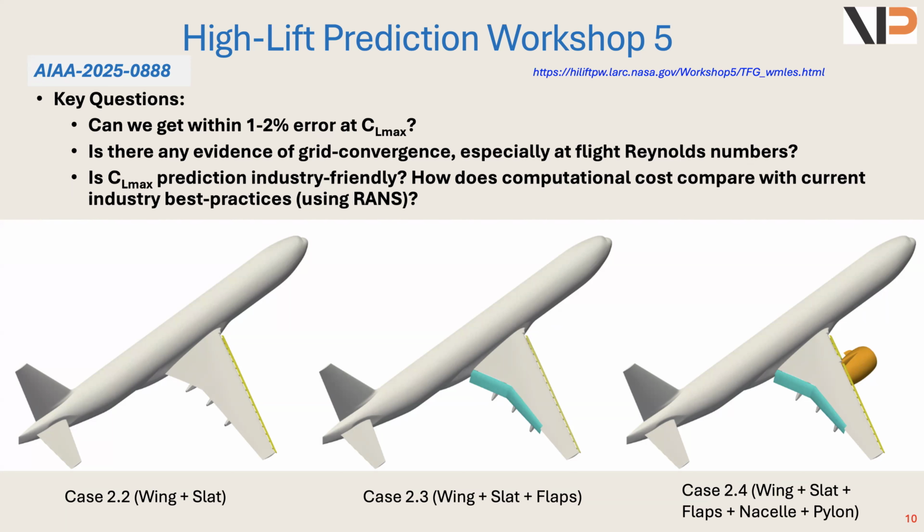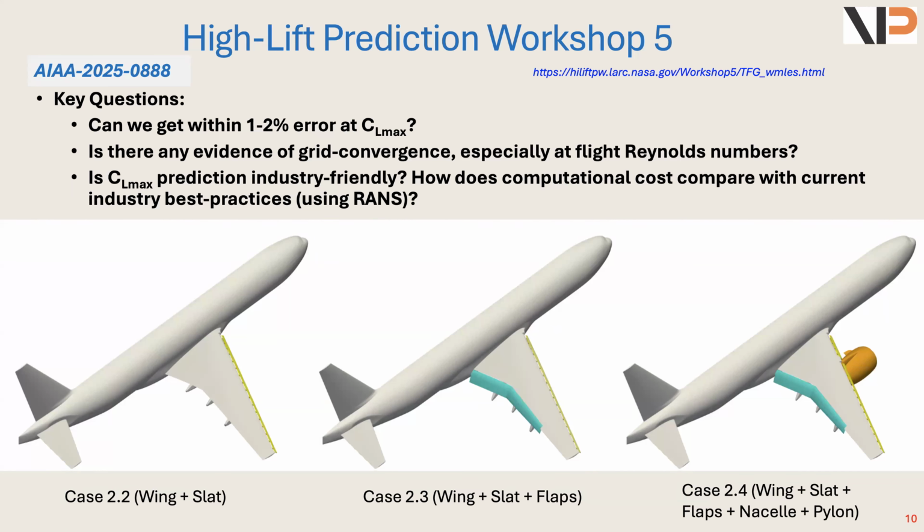And the key question from the wall model LES TFG is really, can we get within 1 to 2% error at CLmax? So that's actually another criterion for certification by analysis, CFD 2030. The whole community was looking for it.